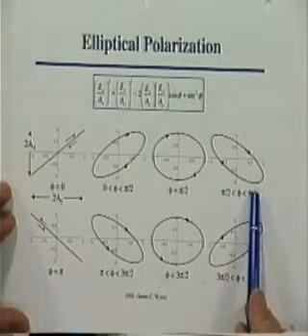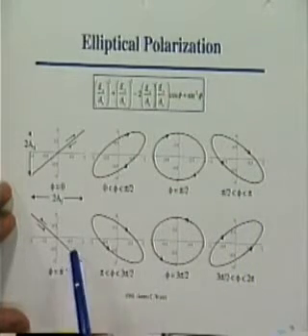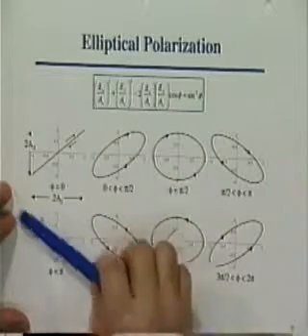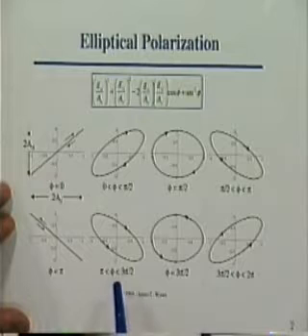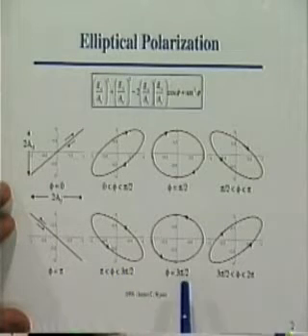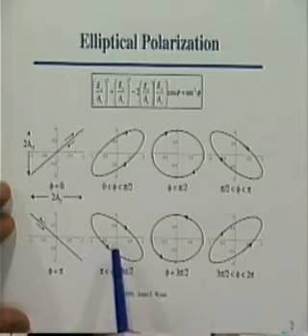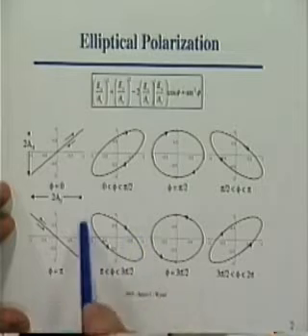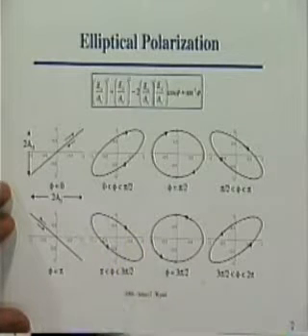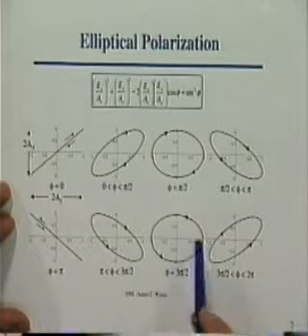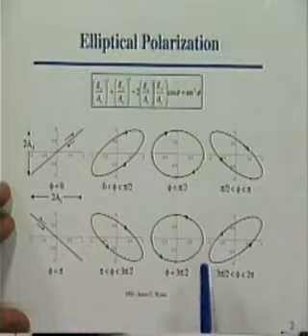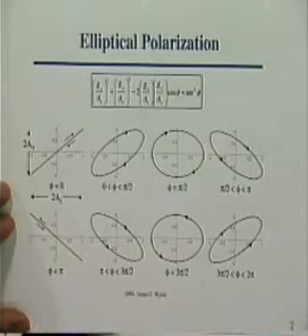Finally, when phi is equal to pi, we get back to linear, but now it's in some direction like this. Then for phi greater than pi but less than 3 pi over 2, it's going in a counterclockwise direction. At 3 pi over 2, again, we're lined up with our axes, counterclockwise.